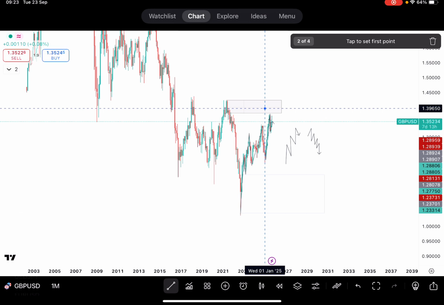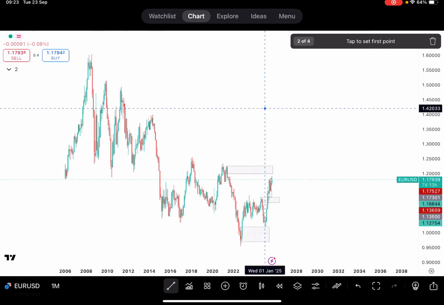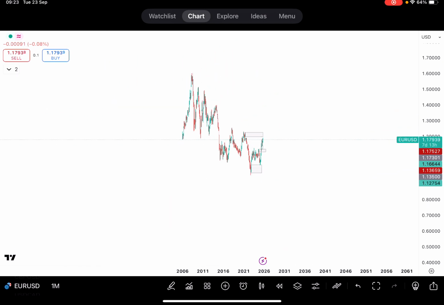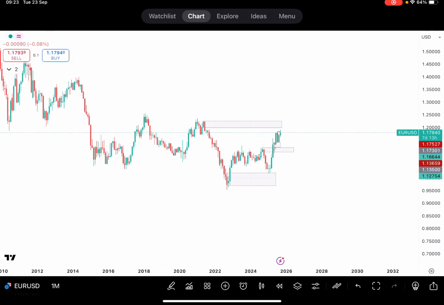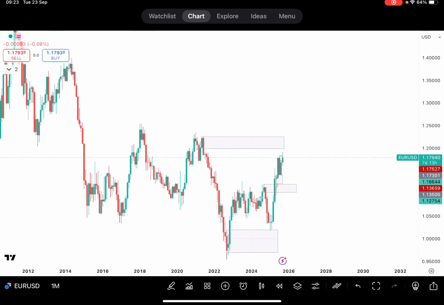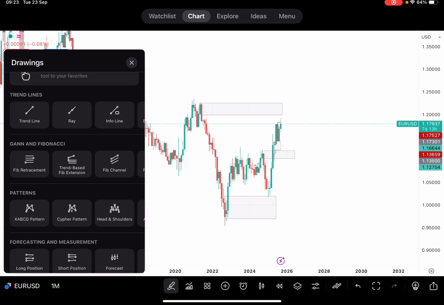Let's see EU. For EU, bullish. So I'm currently in EU apparently. They have similar price action. So looking at it from the monthly time frame, it's been bullish.